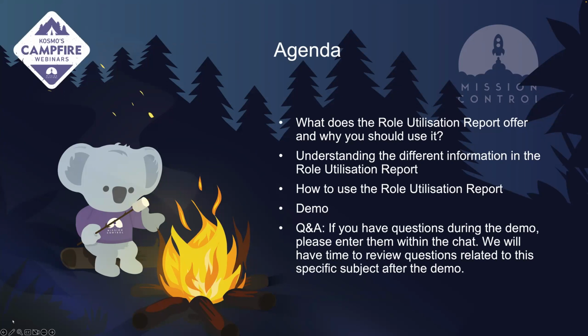The role utilization report provides you with information on things like the total hours per week a user is expected to work, the total amount of hours that they've worked, and that's divided into the billable hours they've completed, any hours that should be excluded from the billable capacity, and any non-billable hours.